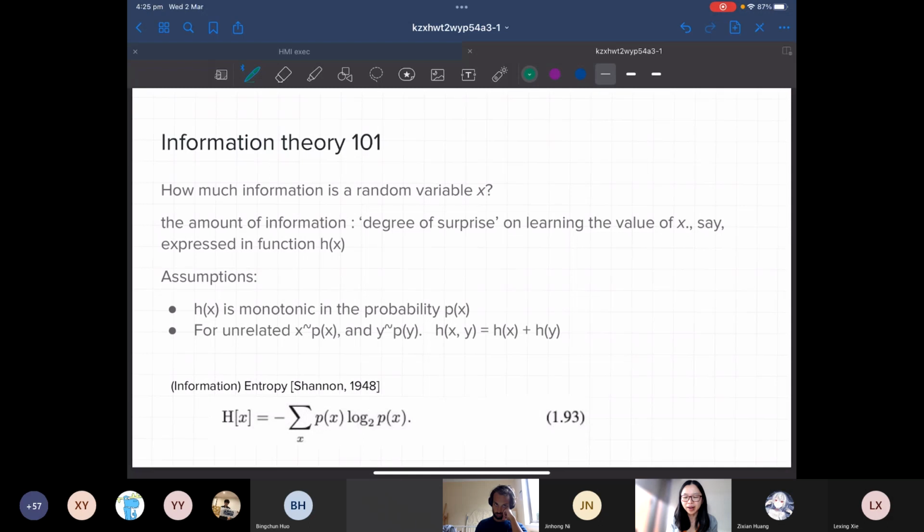So I'm just going to give you a teaser about information theory, which is around the end of chapter 1, because Alex made you work through it.